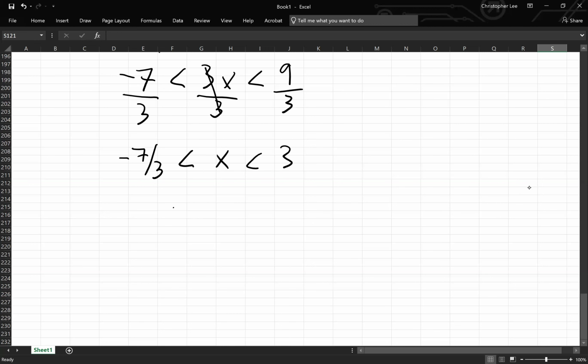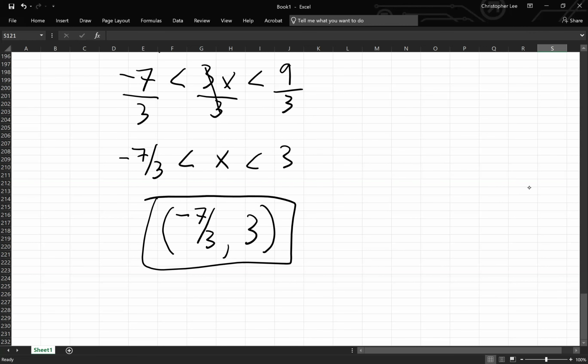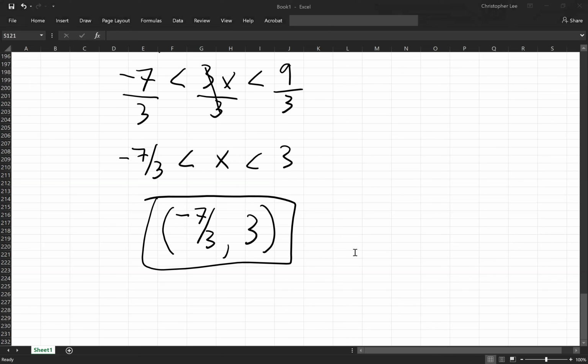So literally I'm looking at the numbers that are in between. So negative 7 over 3, not included, of course, up to 3. And there you go. That's my inequality. All of those numbers. So when it's greater than, you know what to do. When it's less than, you know what to do.